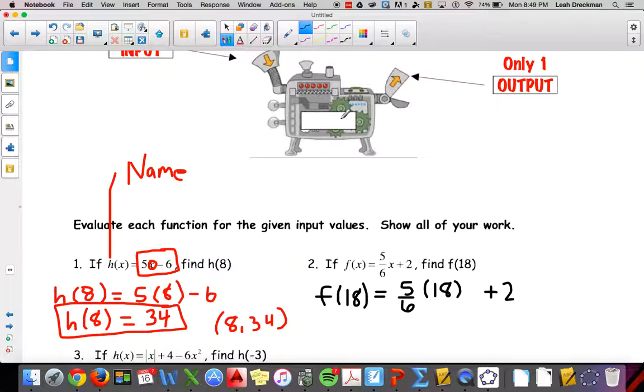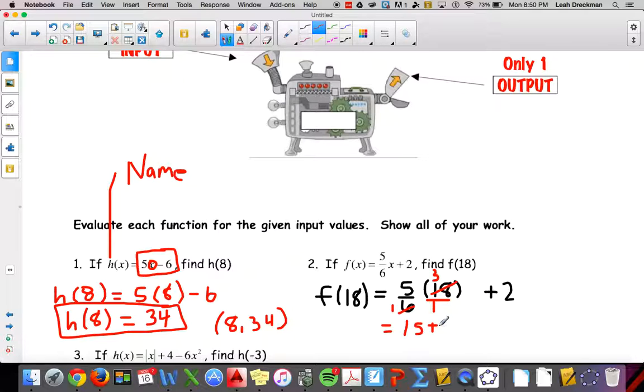All right, I'm a big fan of reducing first. It makes your life easier. Maybe think of this as 18 over 1. Notice that 6 and 18 can reduce to 1 and 3. We're left with 5 times 3 in the numerator, which is 15, divided by 1 times 1, which is 1. 15 over 1 is 15.